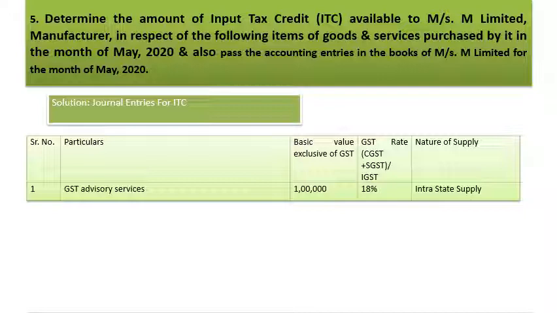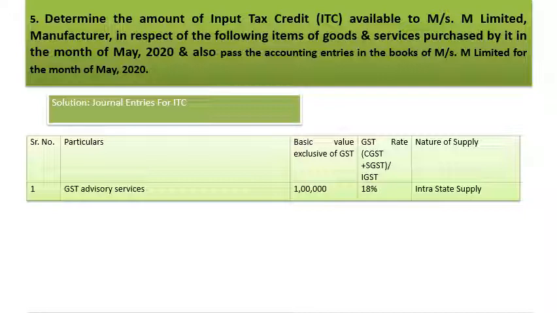That is the basic thing you have to be aware of, and if you know it, then only you can pass the entry. So with this, what is the entry of GST advisory services of rupees 1 lakh?